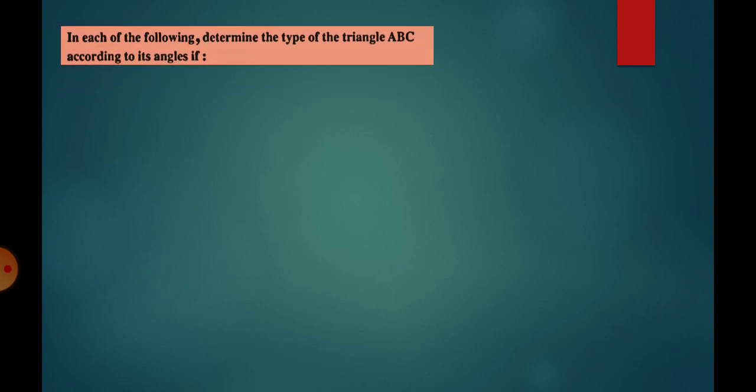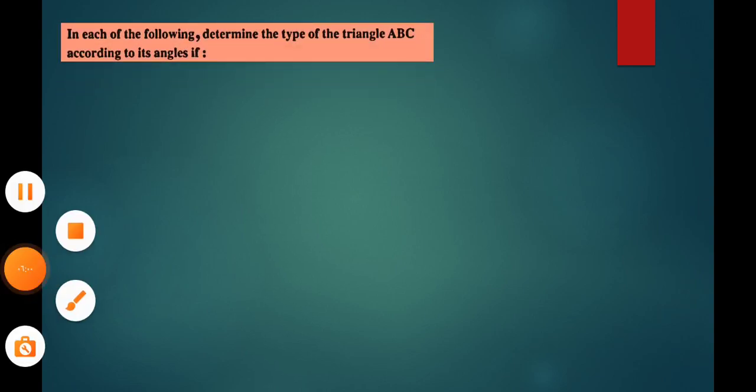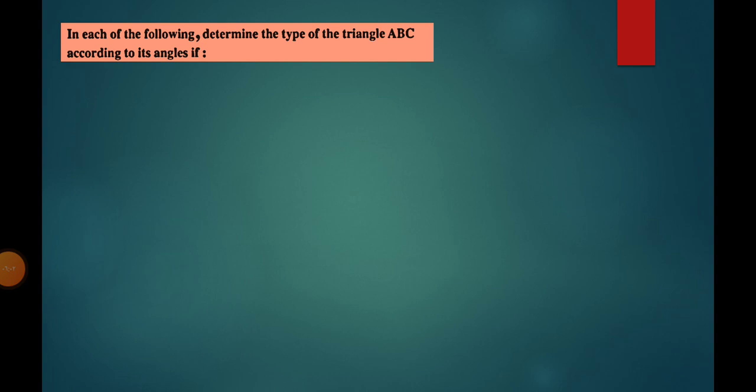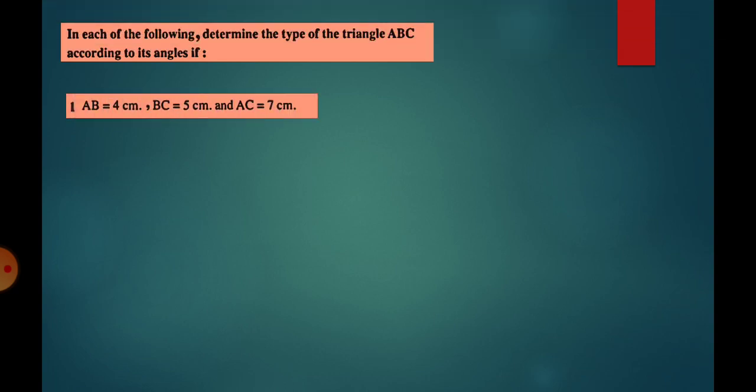For example, in each of the following, determine the type of the triangle ABC according to its angles. Number 1: AB is 4, BC is 5, and AC is 7 centimeters. Where is the longest side? AC. We find AC power 2, which equals 49.